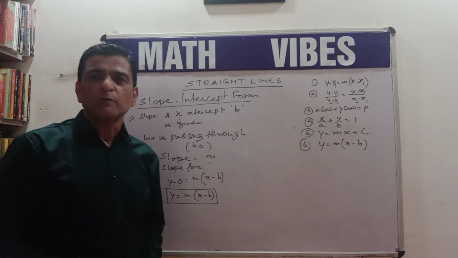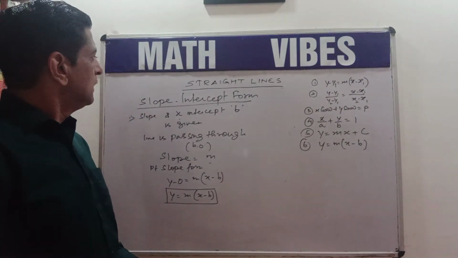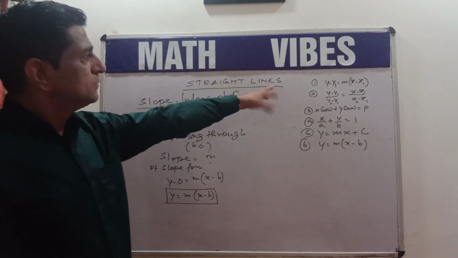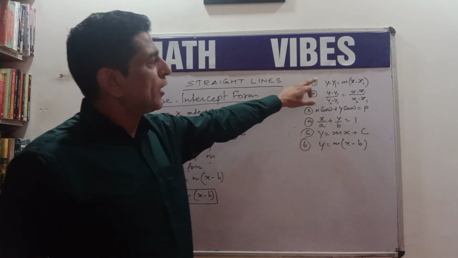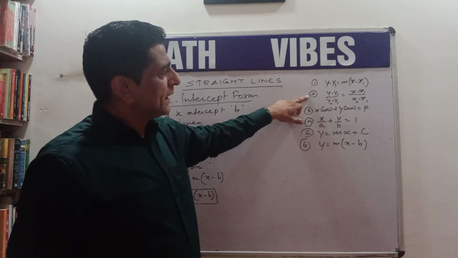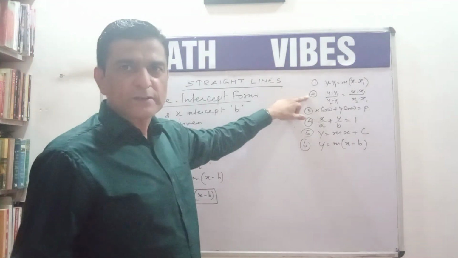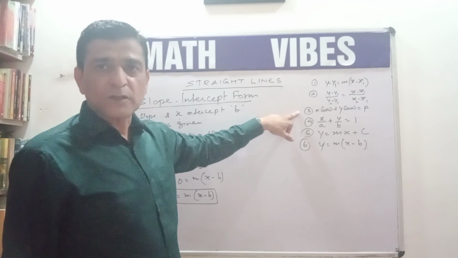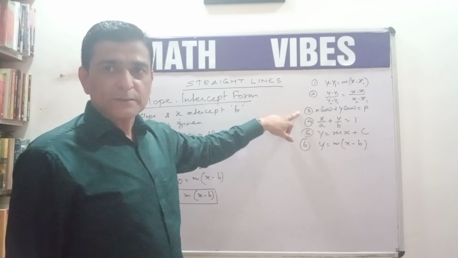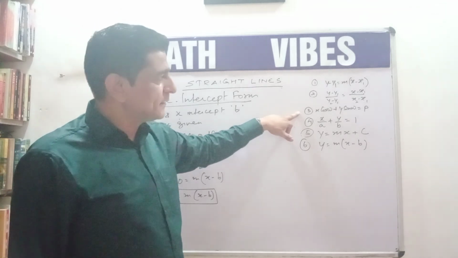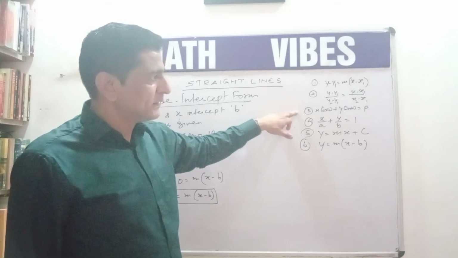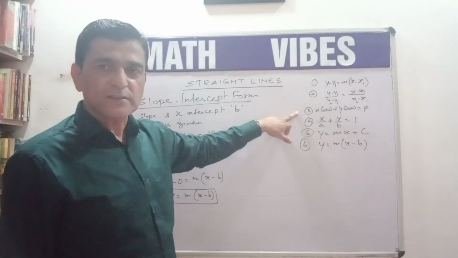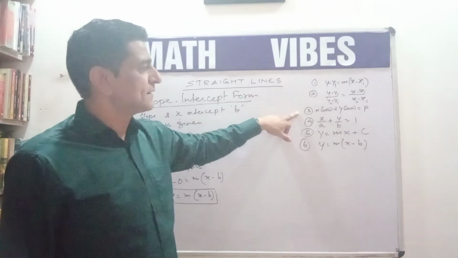So these are the various forms of equations. First we discussed point slope form when a point and the slope are given. Then 2-point form when 2 points through which the line is passing are given. And the third one is normal form when the normal to the line, that is the perpendicular to the line from origin, the length of the normal is given and the angle made by the normal with positive direction of x-axis are given.